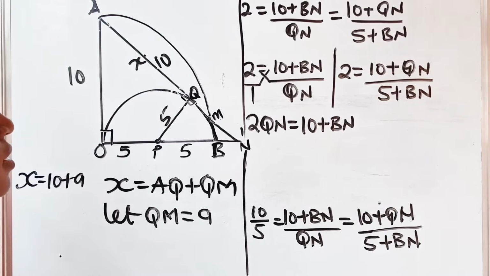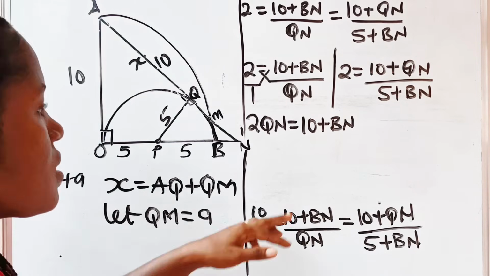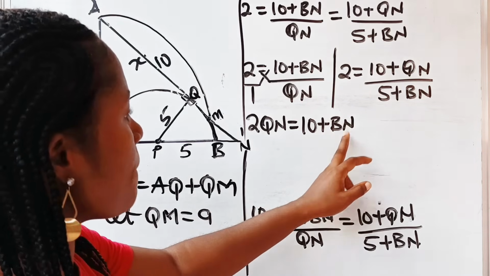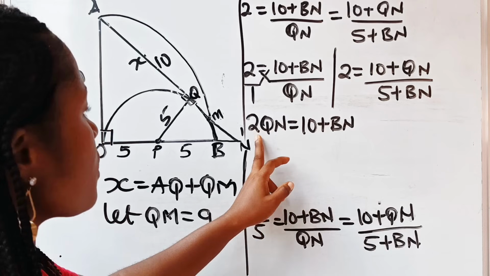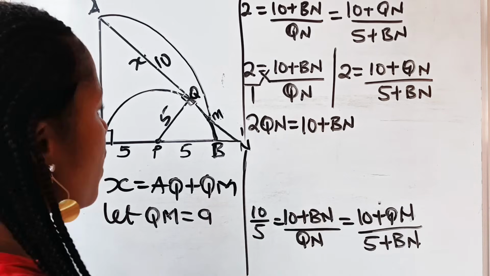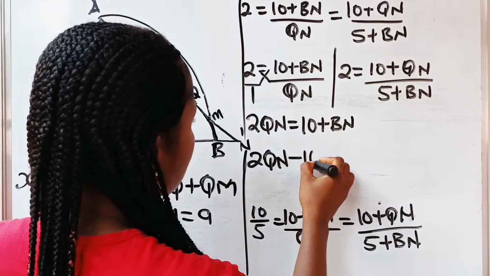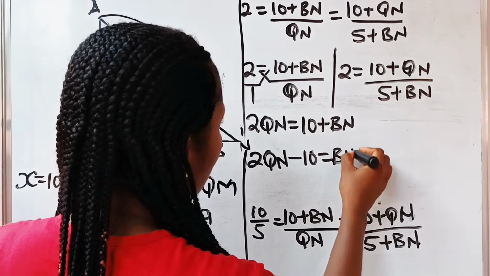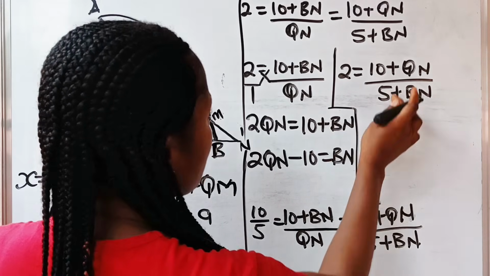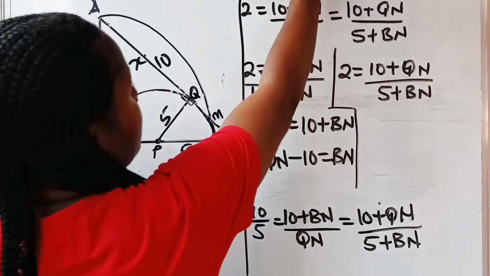Now, it simply means that to get the value of BN, we are going to say 2QN minus 10 is equal to BN. Now let's go to this side.